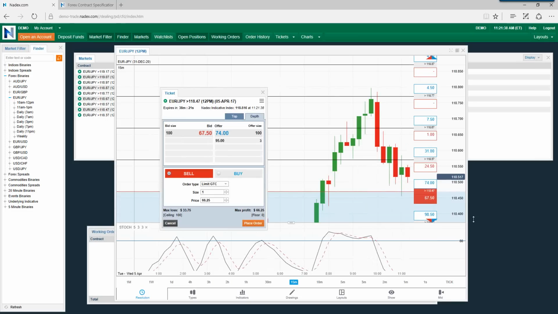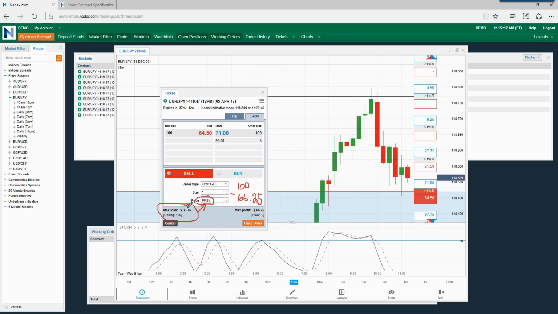Okay, now when you click the red box, okay, take time to read the ticket. Okay, this is telling you your maximum loss. Notice that it does not equal this number. Okay, the way that it is calculated is the maximum payout minus the price, which is $66.25. Okay, and it's automatically calculated for you based on the price in this box.